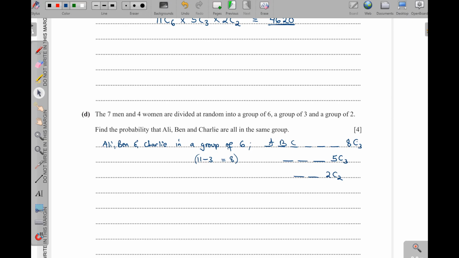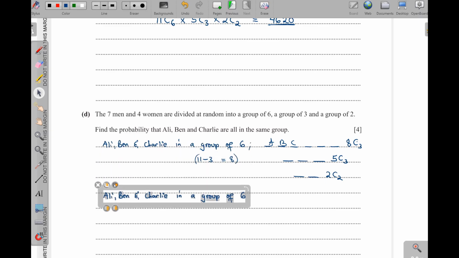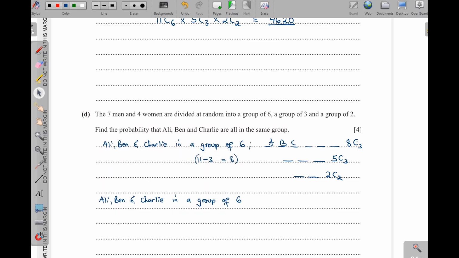Then let us also consider Ali, Ben, and Charlie in a group of how many? In a group of 3. So in a group of 3, then we can have 1, 2, 3. Then there is also 1, 2, 3, 4, 5, 6.